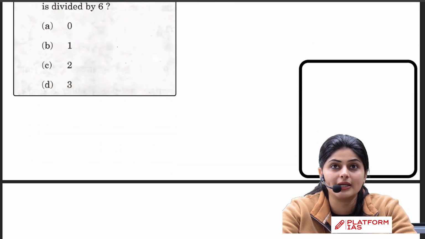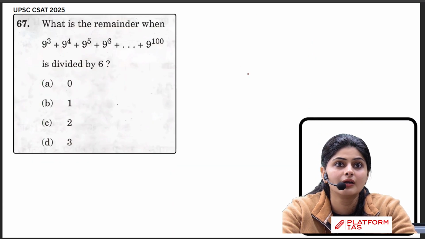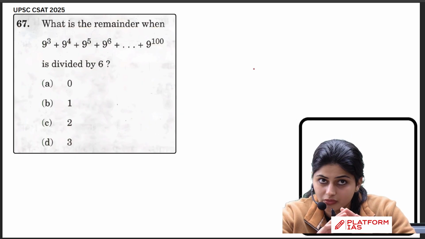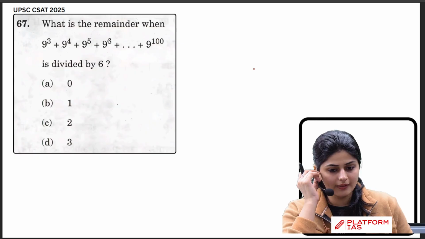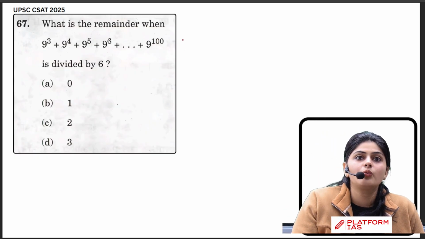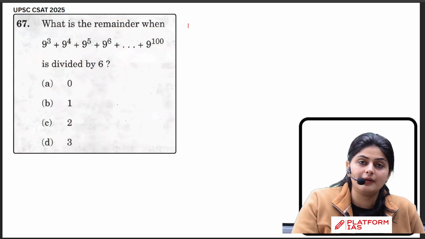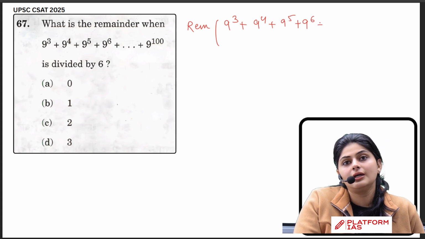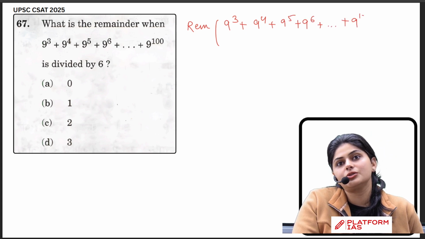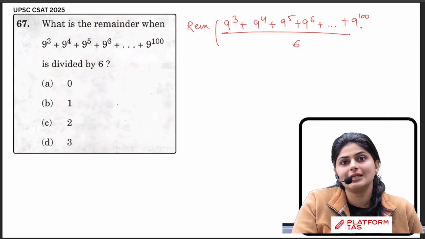Now we'll move to the next one. What is the remainder when the given sum is divided by 6? Okay, now we will use the remainder theorem here. The remainder of 9 cubed plus 9 to the power 4 plus 9 to the power 5 and so on till 9 to the power 100, over 6.